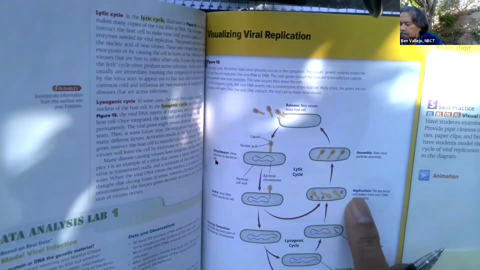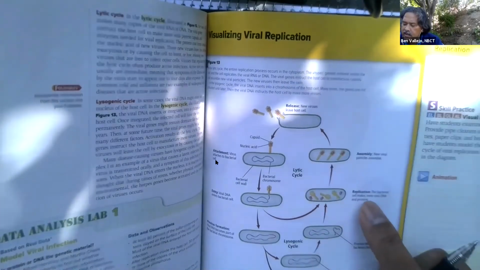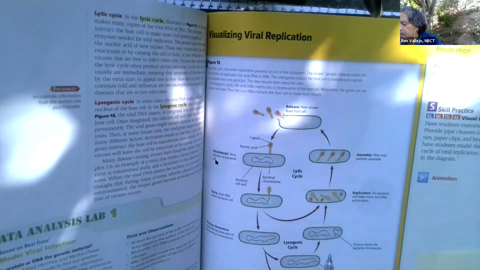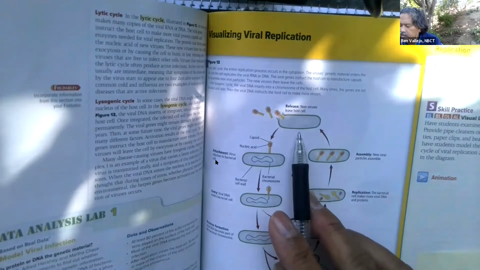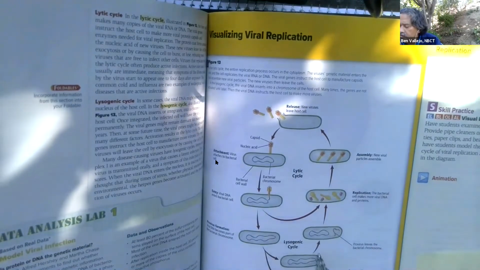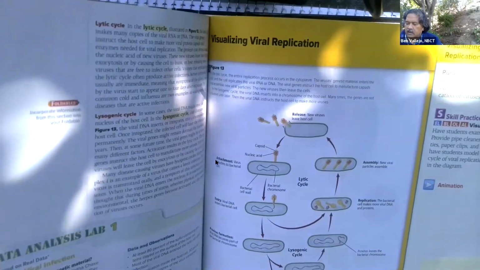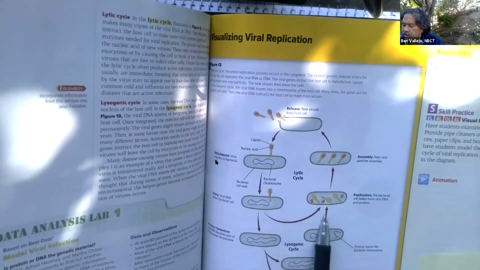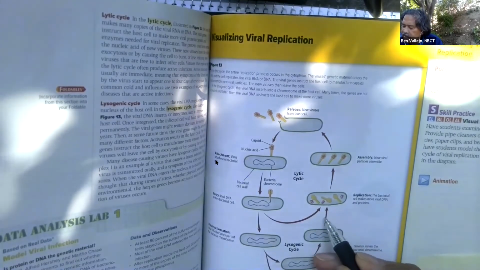So in a way, the replication, assembly, release also happens in the lysogenic cycle, but from a scientific point of view, we just say that the cell goes out of lysogeny and goes into the lytic cycle. So at this point, we're no longer in the lysogenic cycle. So it almost stops right there.